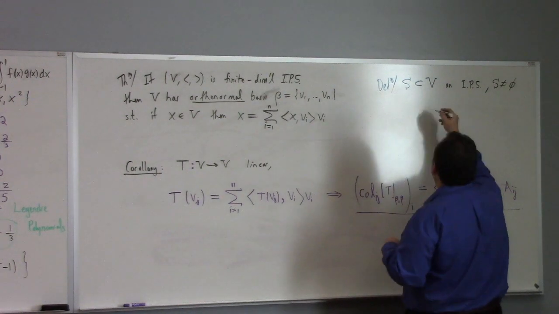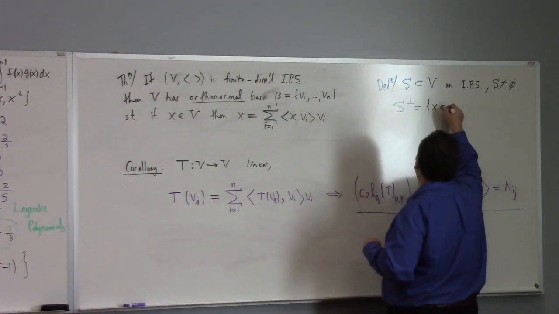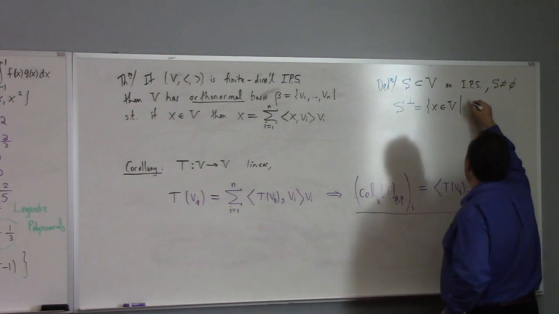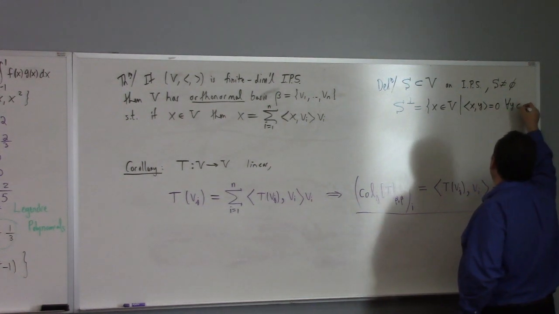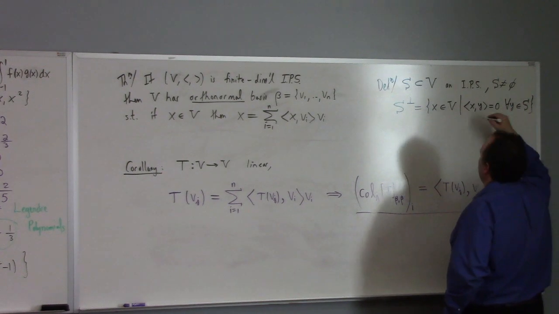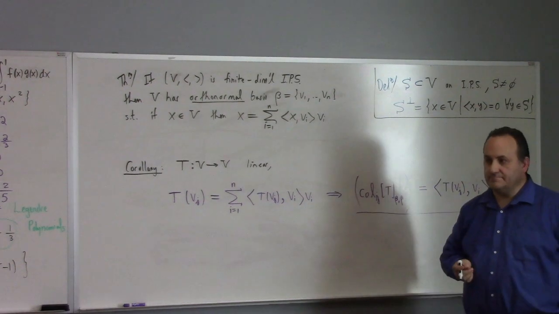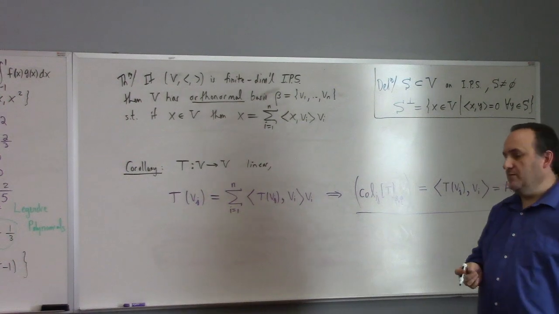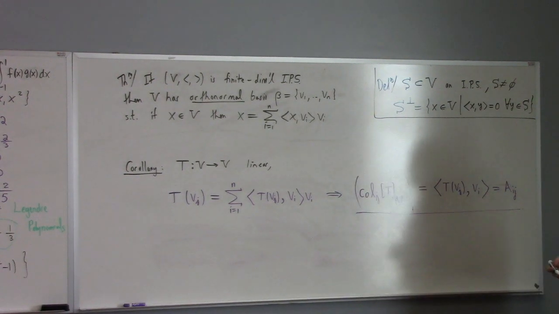Well, S perp is equal to the set of x in V such that the inner product of x with y is equal to 0 for all y in S. So this is read the perp of S. All right. So you can prove that the perp of S is in fact a subspace, right? And when I say you can prove, I mean that's probably one of your homework problems. But that's an easy homework problem. You'd like me to assign that one.